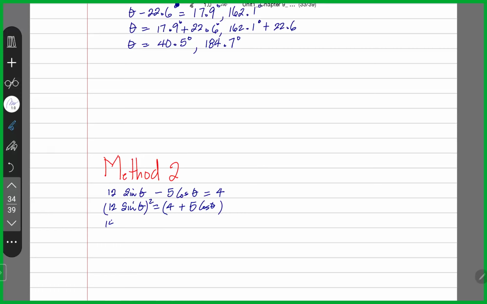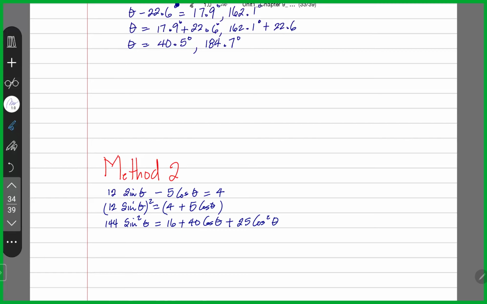This is 144 sine squared theta. I just want to see where it's going. This is 16 plus 40 cos theta plus 25 cos squared theta.